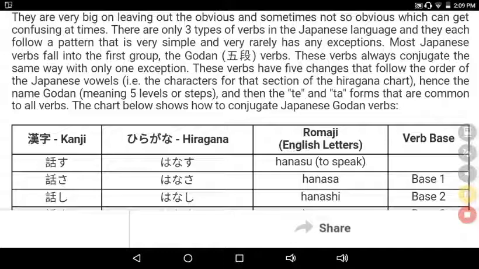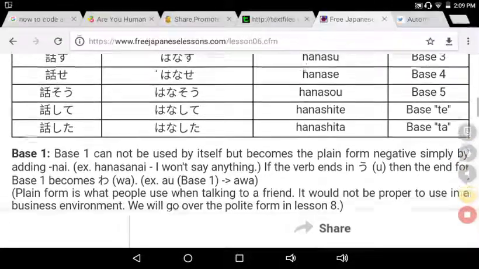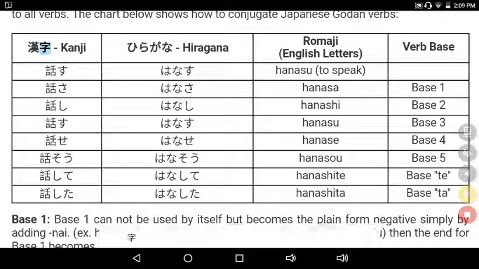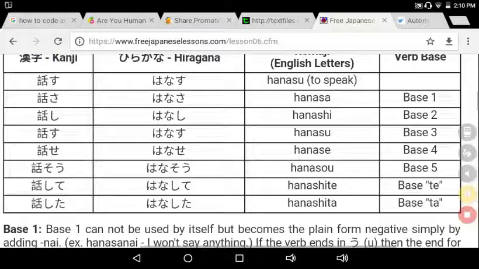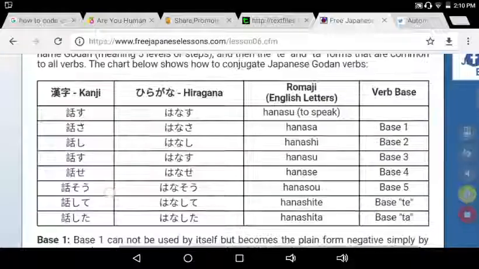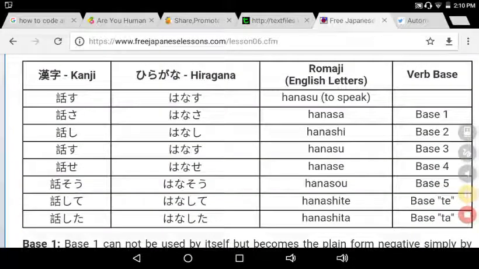The chart below shows how to conjugate Japanese Godan verbs. Okay, so here goes the chart. Got the kanji, the hiragana, the romaji, and the verb base. And I guess they go in a certain order.